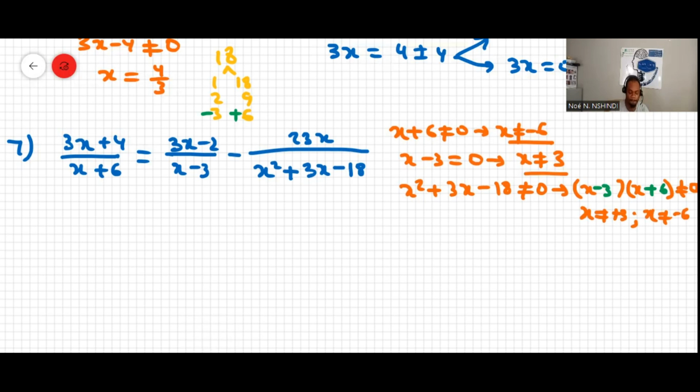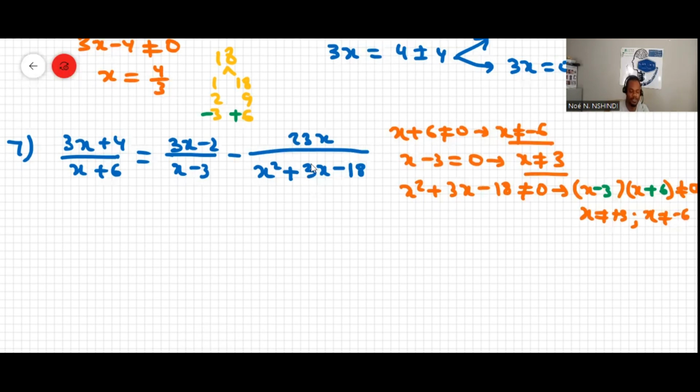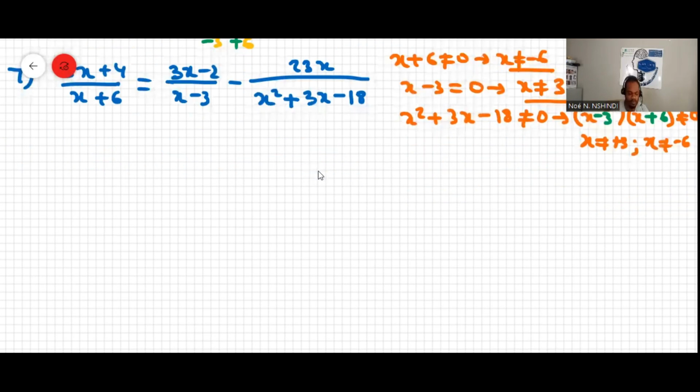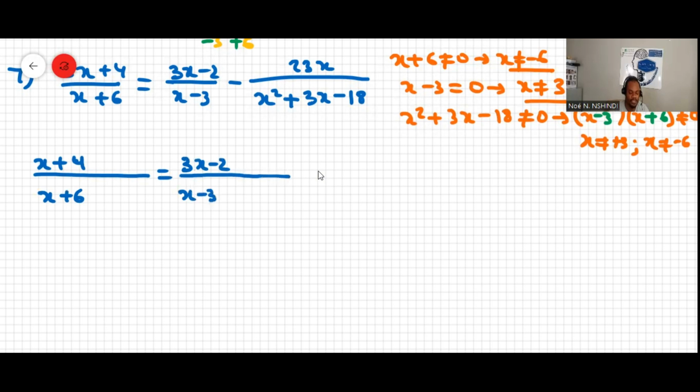Now, I'm going to factorize this over here. So it's going to be like (x plus 4) over (x plus 6) equal to (3x minus 2) over (x minus 3) minus that one.